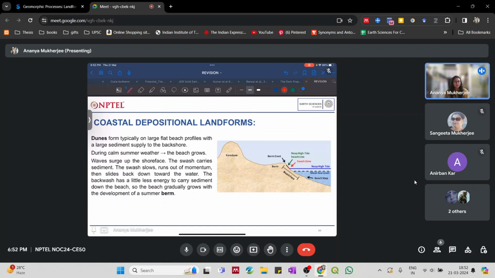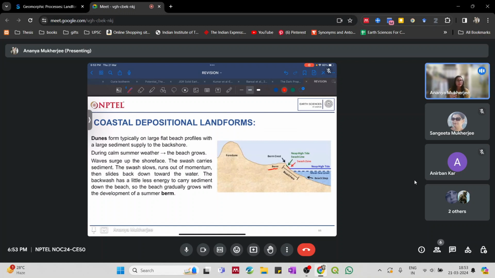Then you have something called a berm developing. Berms develop because of tidal action. When the water is washing over the beach, it has some amount of energy, but when the water is receding back, it does not have enough energy to take away all the sand present on the beach.